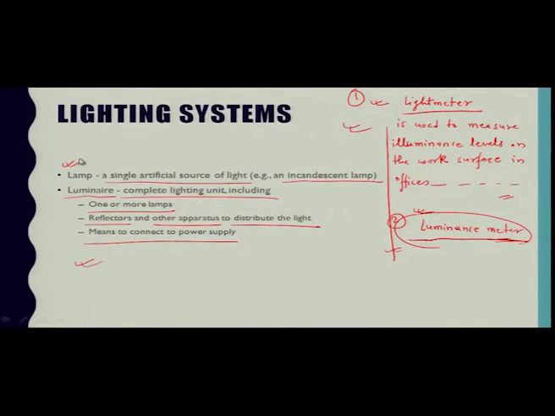As far as the definition of lamp and luminaire is concerned, it is given here, and now the lamp can be classified into two basic types. First is the incandescent lamp, and second is the discharge lamp.